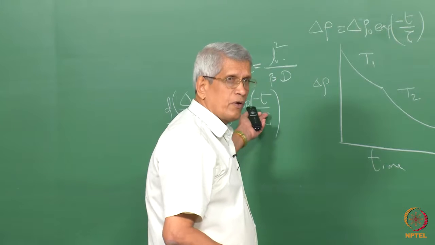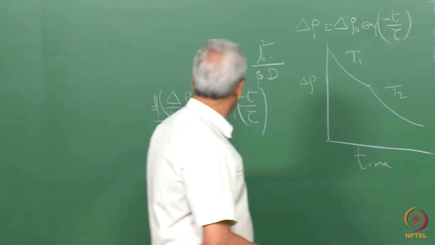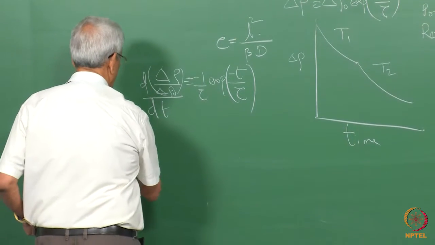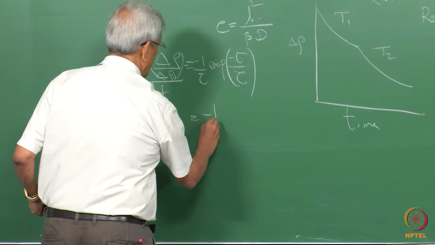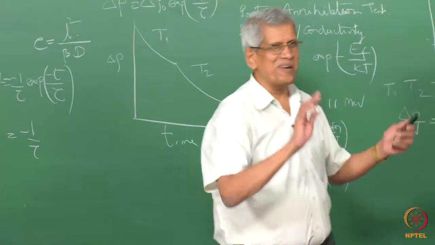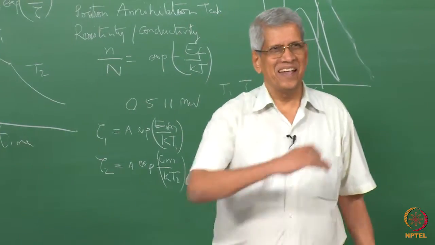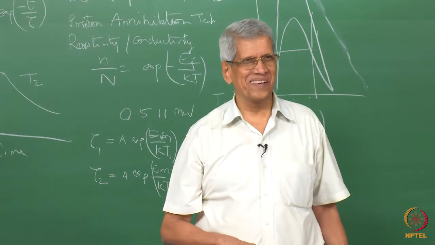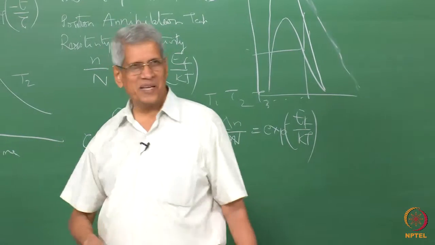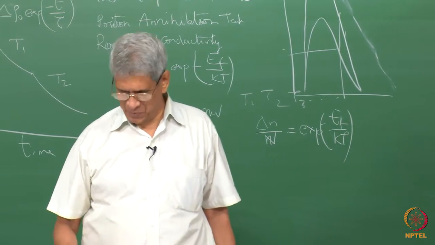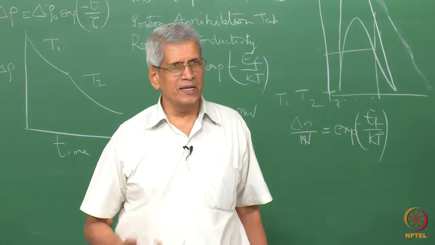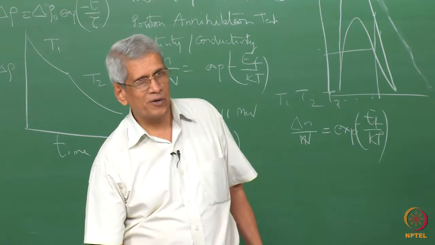Now from the curve, whatever value you take, if you take a log of this, then you understand that this is quite simple. Where it cuts, you get this tau, correct? It's clear? This way you can immediately find out what the tau is. So it's a very neat experiment with which we can find out the migration energy.